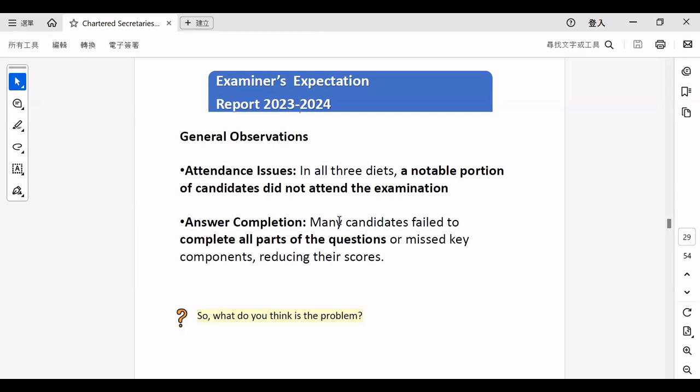Or I just take 1 week off and do some study, I think that should be enough because I've done this before. Obviously, this is not good advice and not a good strategy to prepare for the examination. So ultimately, many of them did not come because they knew that they were underprepared for this examination.